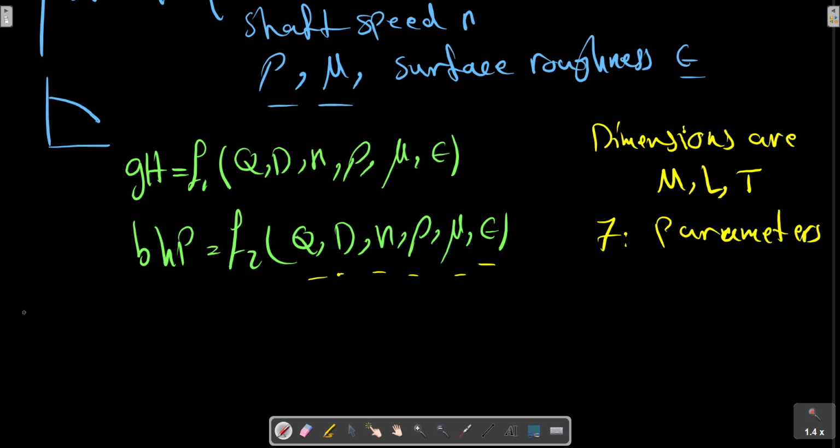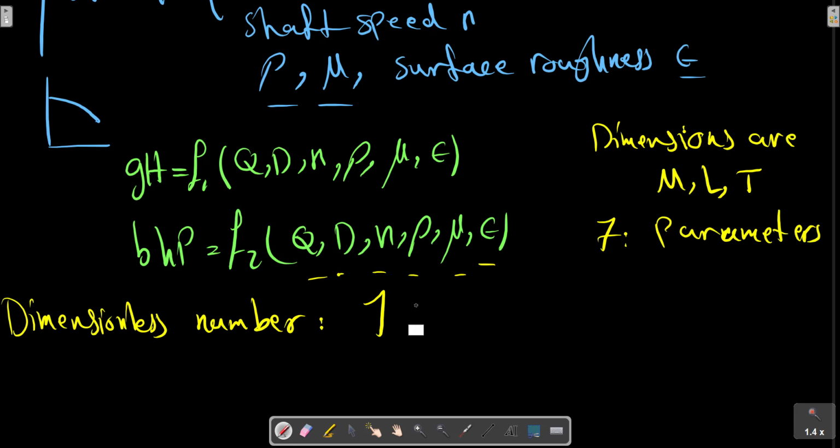So the number of dimensionless quantities, numbers, we have 4 dimensionless quantities.